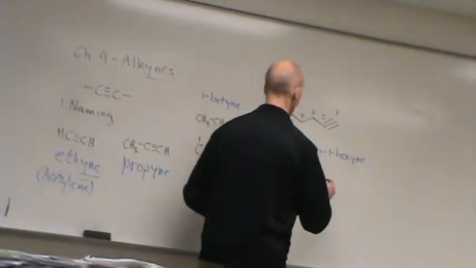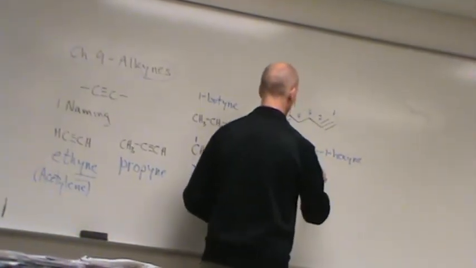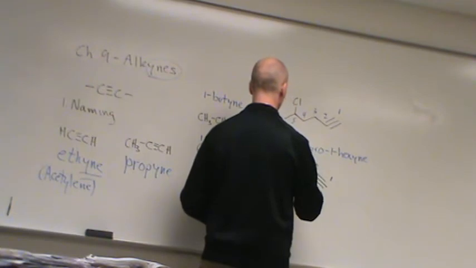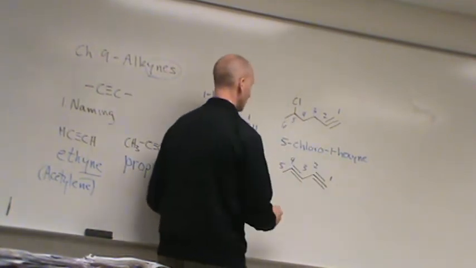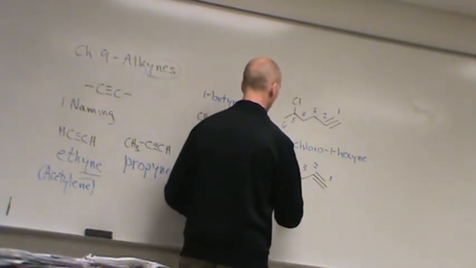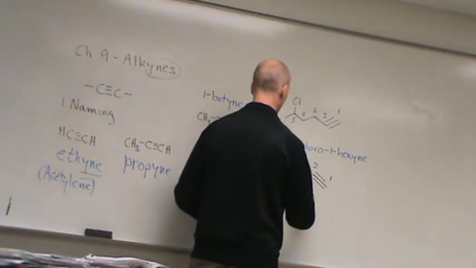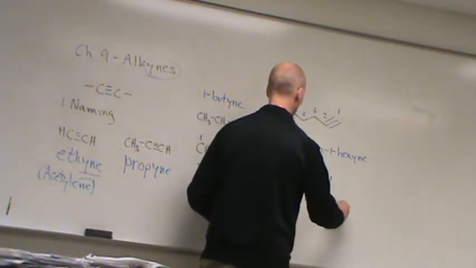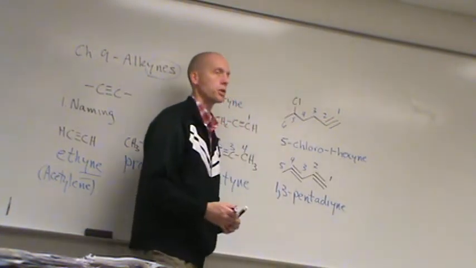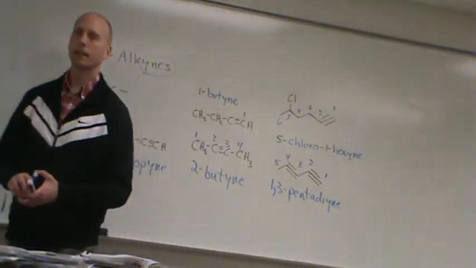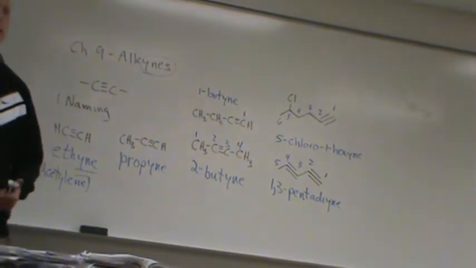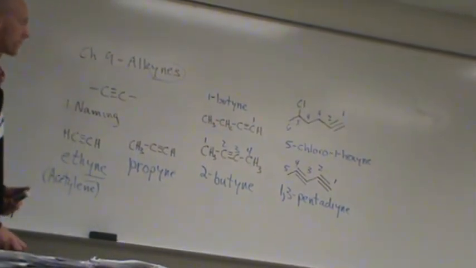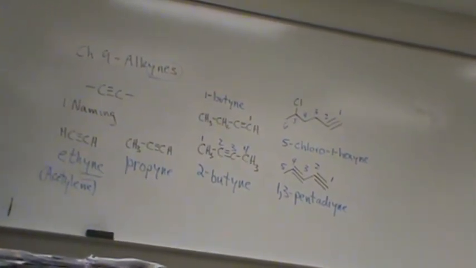So here, I number at the end closest to the first triple bond. So I would have a 1,3-pentadiyne. Okay? Just like if those were double bonds, that would have been 1,3-pentadiene.